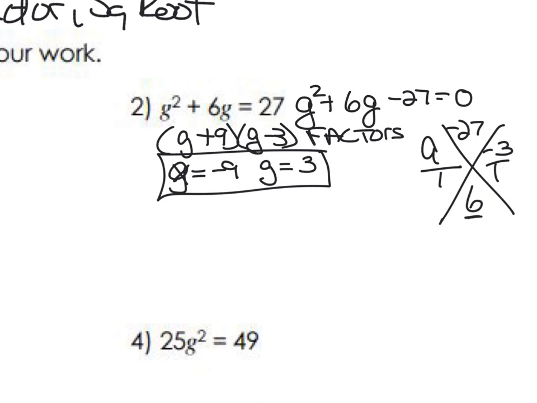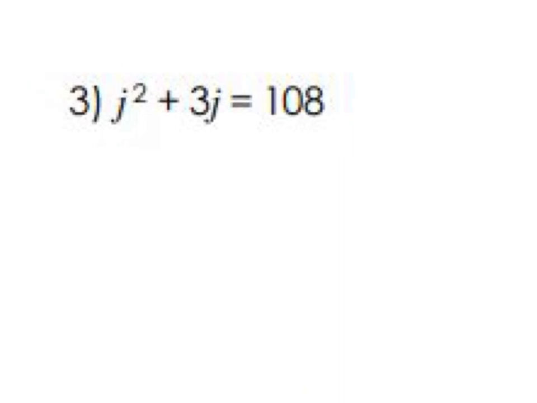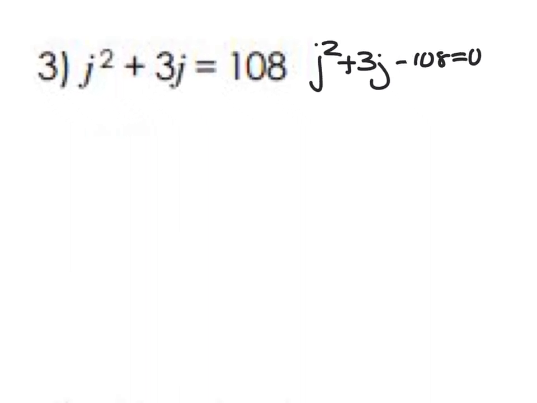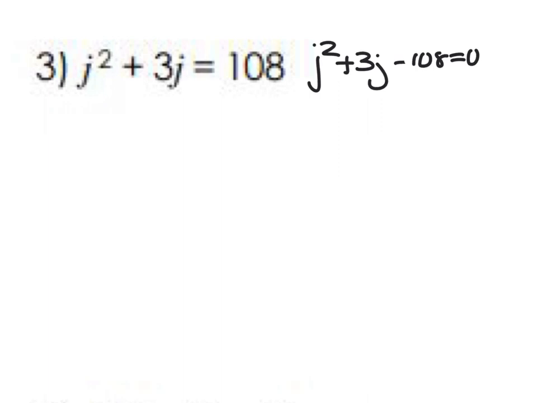All right, number 3. Set it to 0. j squared plus 3j minus 108 equals 0. It's kind of crazy looking there, isn't it? Let me clean that up. So let me think about the factors of 108.